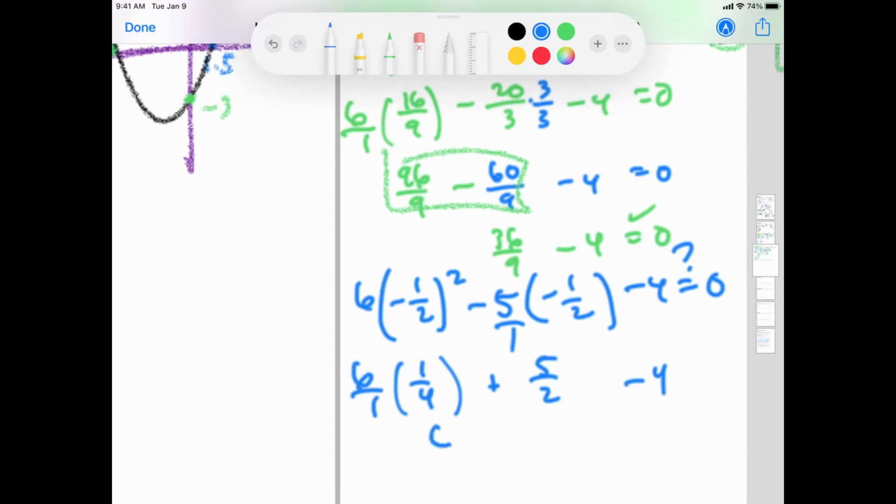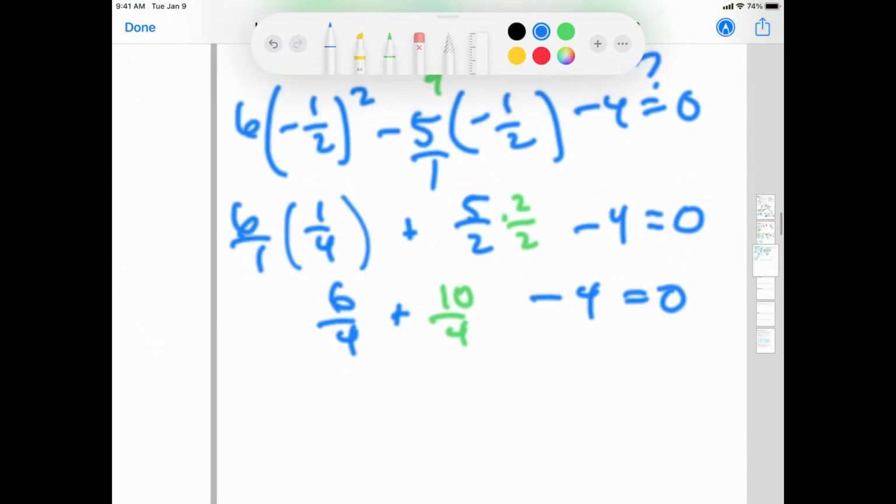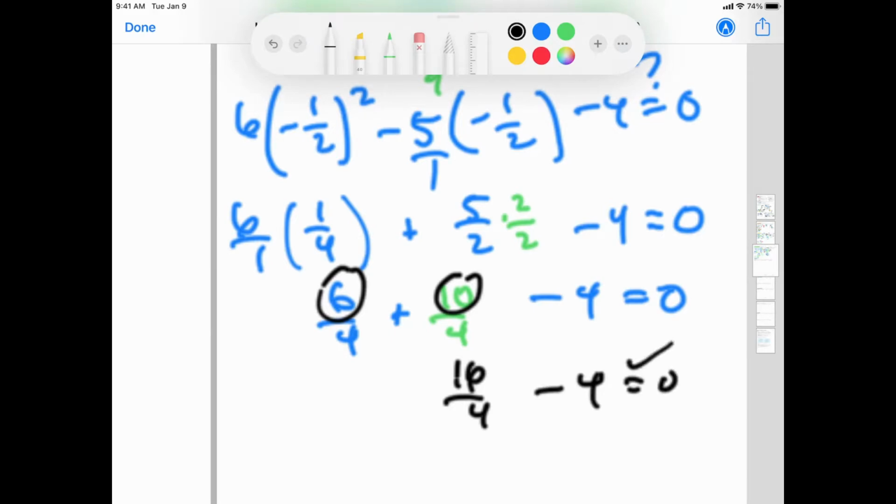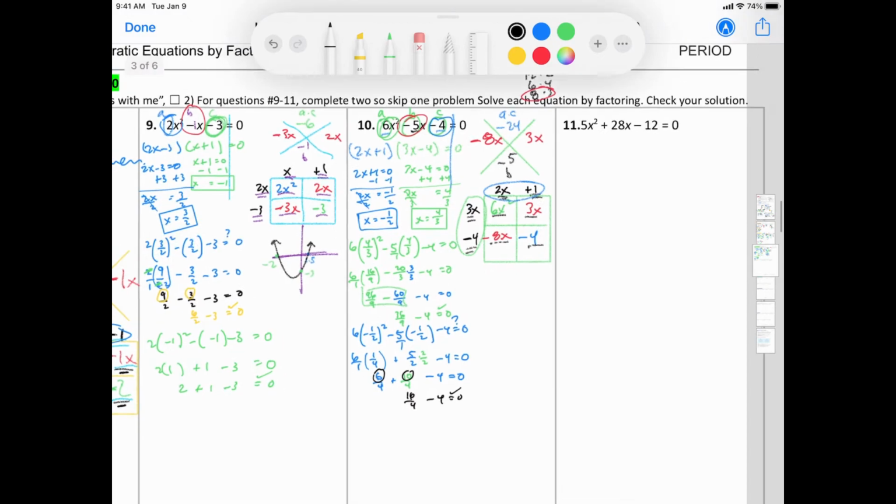So this will give me 6/4 plus, multiplied by 2 over 2 would give me 10/4. I'm getting an equivalent fraction so that I could add. So 6 plus 10 is 16 over 4, and 4 minus 4 equals 0, and that checks. That was question number 10.